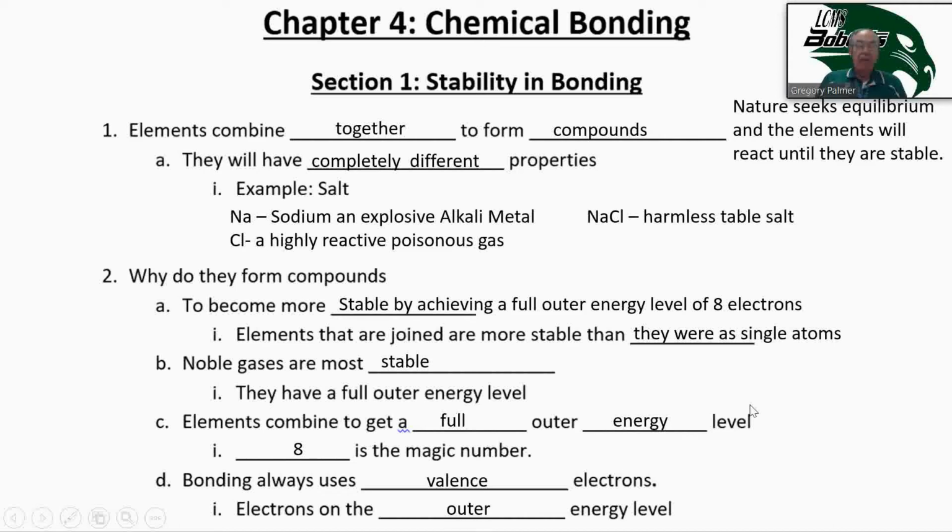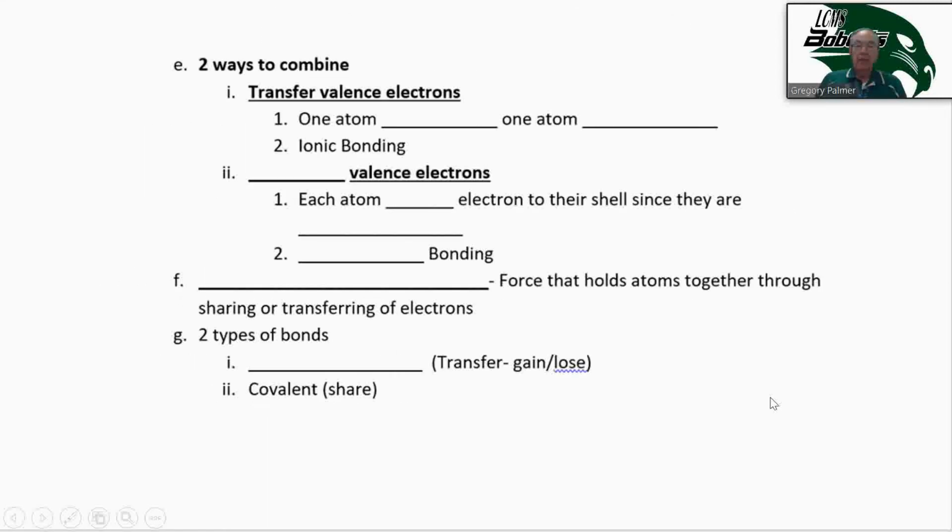And the valence electrons, remember, are the ones on the outer energy level. There's two ways that they can combine. The first one, an atom loses an electron and one atom gains. This means there is a transfer of electrons. So the one that loses gives one up to the one that gains. It transfers its electron over.